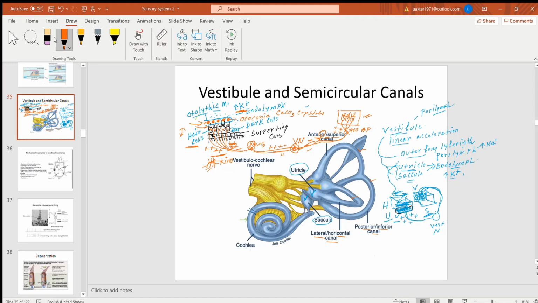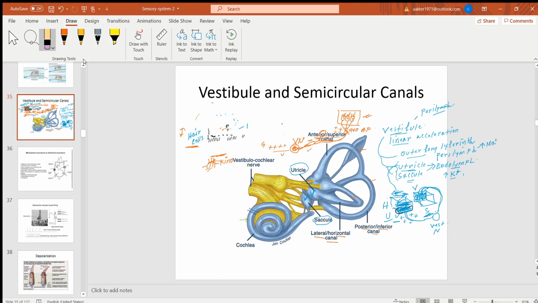Now the question is why you have three semicircular canals, right? It is very important and very interesting that these three semicircular canals are positioned in a way that covers rotational acceleration or movement in all different directions.